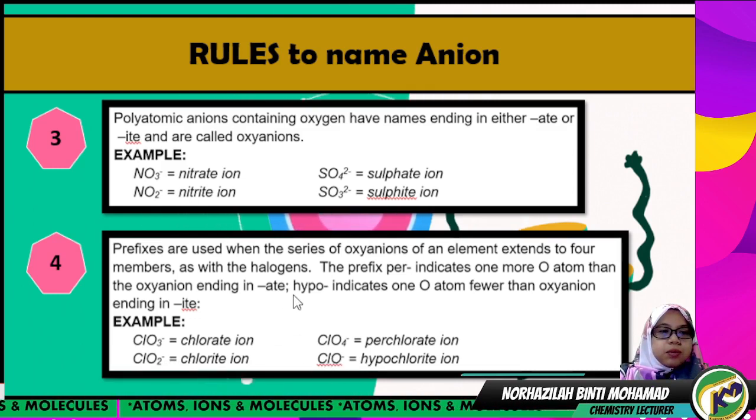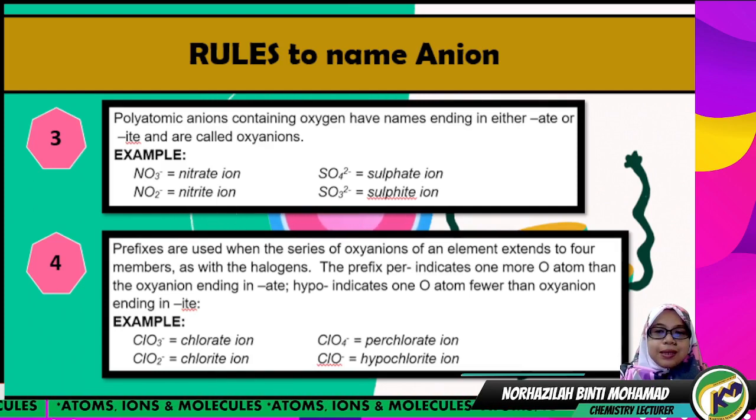So we use this statement: hypo indicates 1 oxygen atom fewer than the oxyanion ending in ite. So for ClO minus, it becomes hypochlorite ion. The prefix hypo here means that our chlorine has lost 1 oxygen compared to chlorite ion.